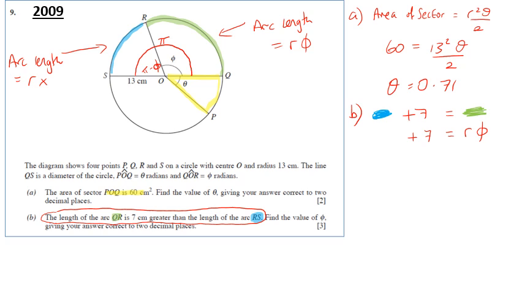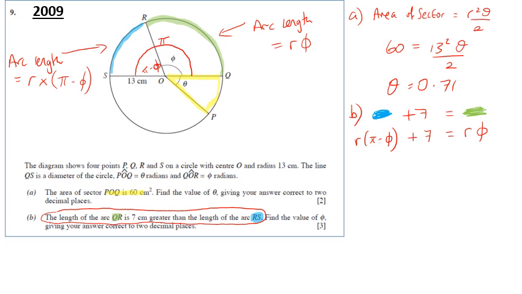So this arc length, this blue bit, is radius times angle. So it's radius times pi minus phi. So putting all that together now, I've got the blue arc length, add 7, equals the green arc length.